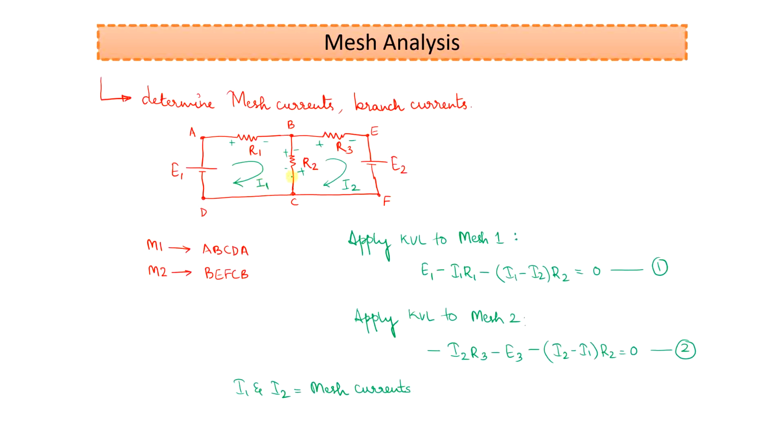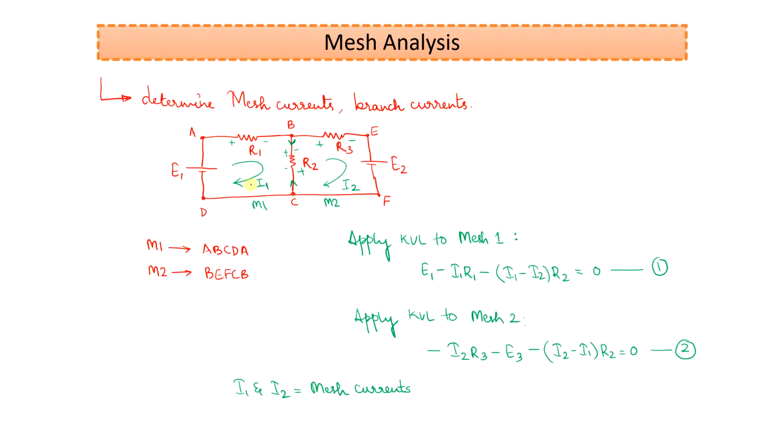If you consider the dominant mesh as mesh 1, that is this mesh, then the branch current across this resistance, that is R2, will be I1 minus I2. Whereas if you consider mesh 2 as the dominant mesh, the branch current will be equal to I2 minus I1.